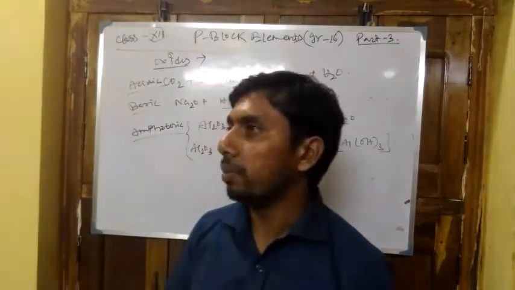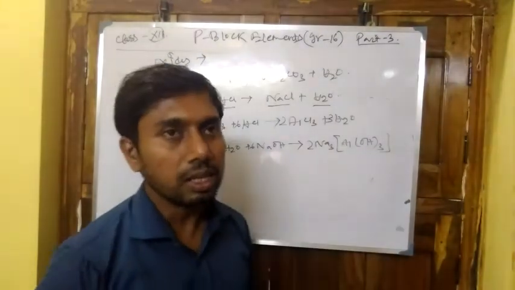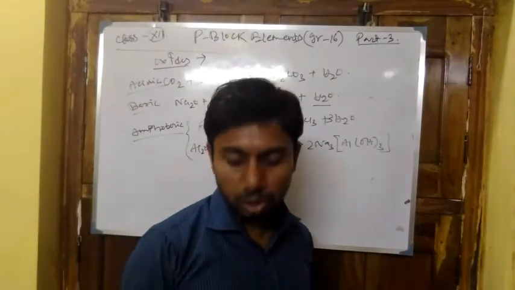Now, how do the acidic and basic characters of oxides change in the periodic table?